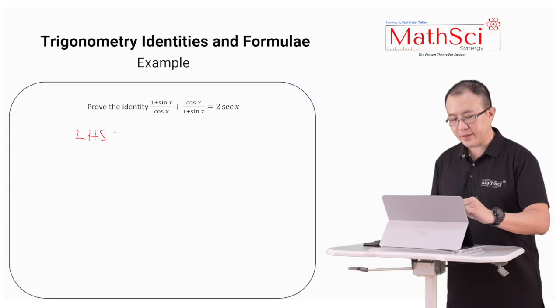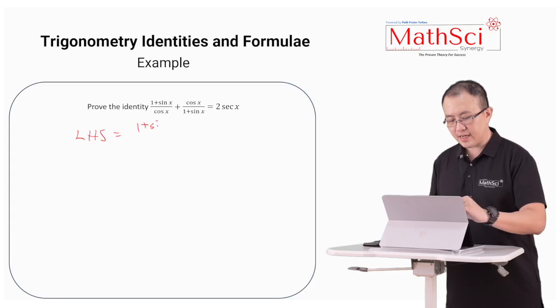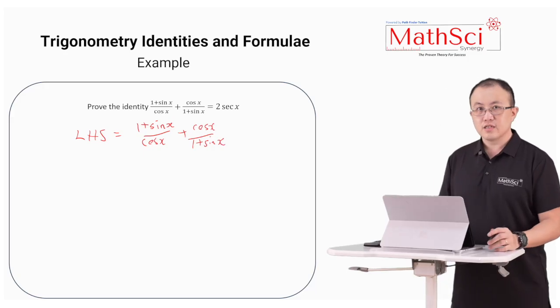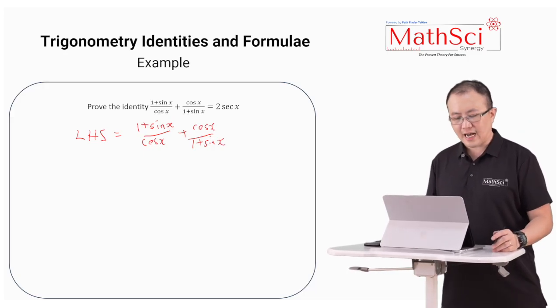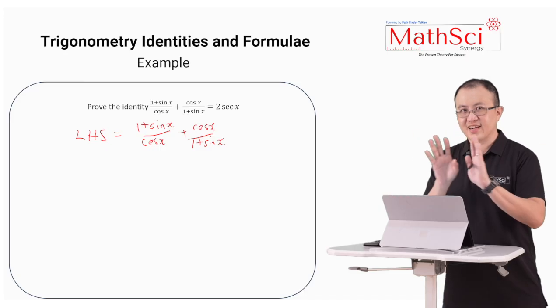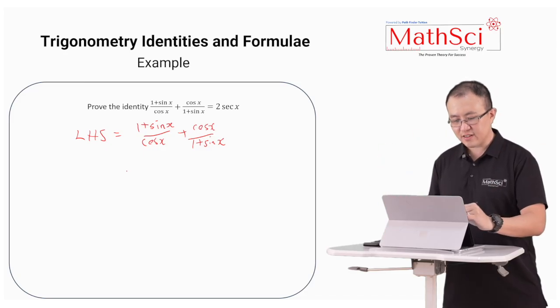So the left-hand side will be (1 plus sine x) over cosine x plus cosine x over (1 plus sine x). From here, you can see that I have to simplify it. For fractions, the only way to simplify is to combine. So I'm going to combine it now.